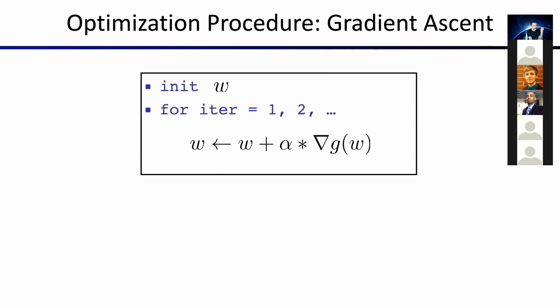We initialize the weights, and then we have a loop to infinity. Obviously, we need to stop somewhere. We discussed when we can stop, or when it makes sense to stop.